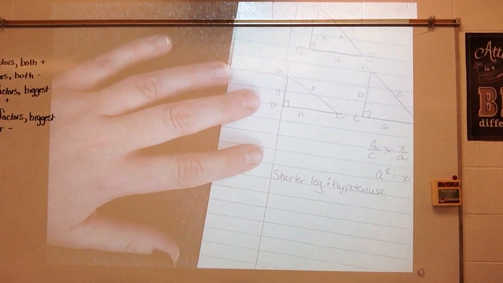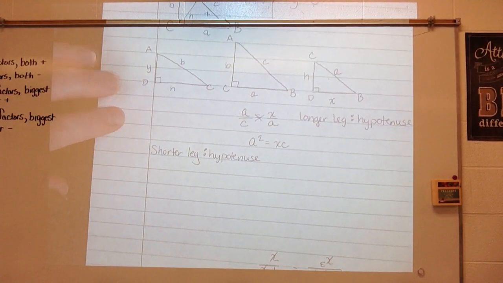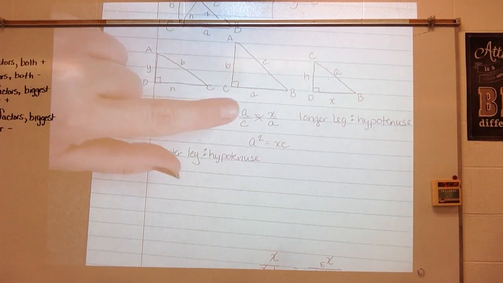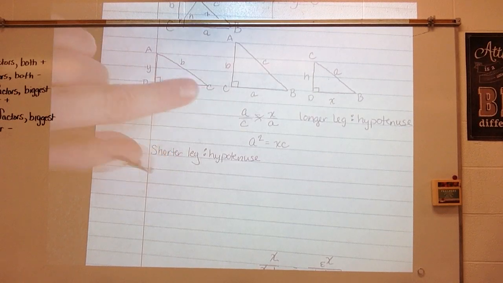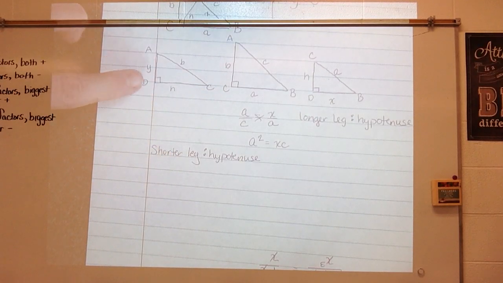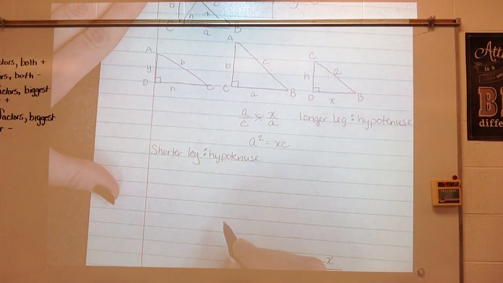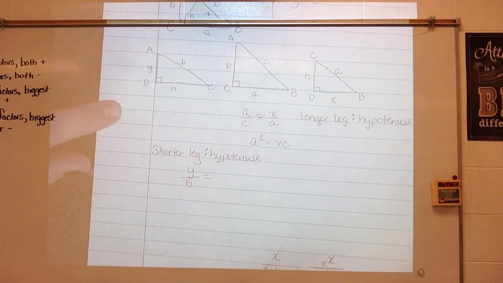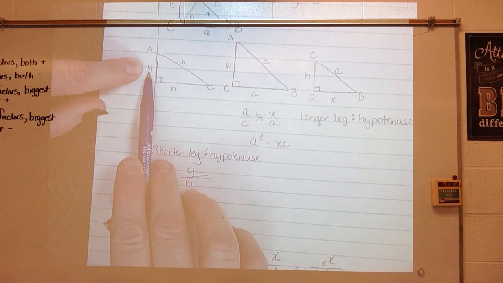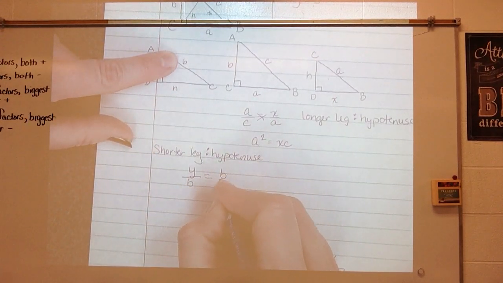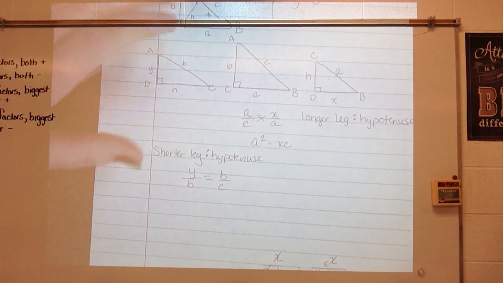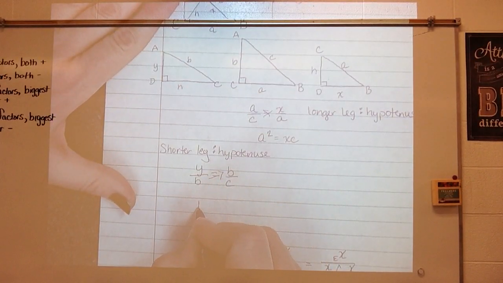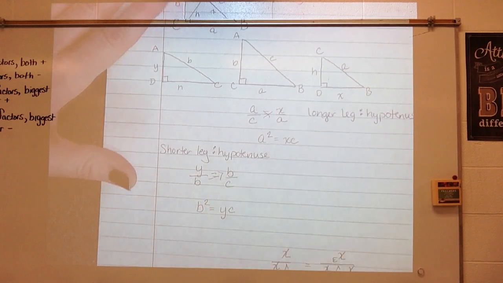So my longer leg is Y and B. Once again, it doesn't matter which way I do it. So I can do Y over B is equal to, since I started with this one, my hypotenuse, and that would be B over C. Cross multiply, I get B squared is equal to YC.